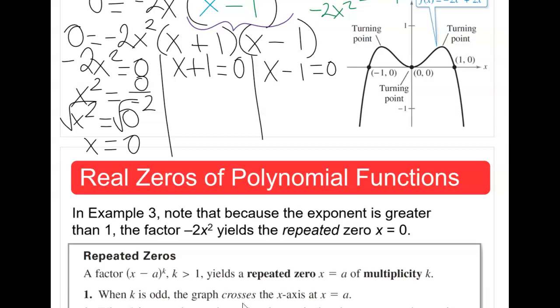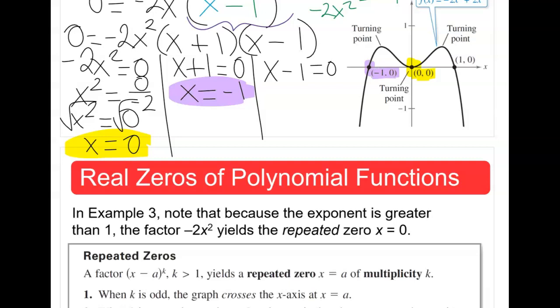So that first x-intercept, you could see it here at the point 0, 0. Then for the next one, we are going to solve for x, so we're going to subtract 1 on both sides, or simply move the plus 1 across the equal sign so it turns into a negative 1. And that will be our second. And it will be here at negative 1, comma 0.